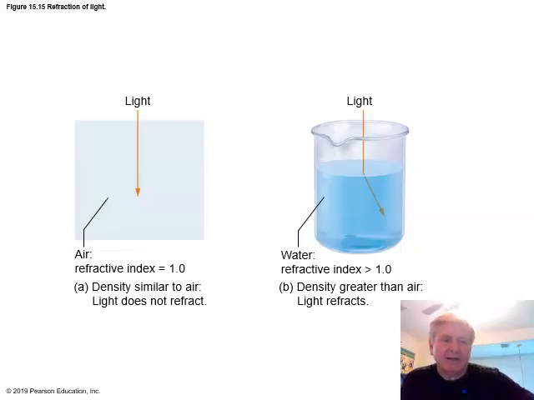You can see that demonstrated if you've ever taken a long pole, like those nets where you clean out your pools, and you submerge the pole into the swimming pool water, and you can see the pole bend as it goes through the water, and that's because the water has a refractive index greater than 1.0 than what air is. So the density of the medium will refract the light rays.